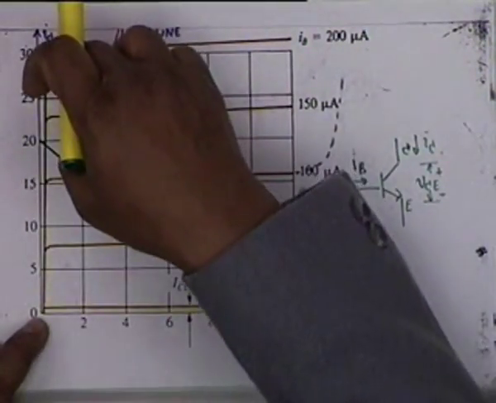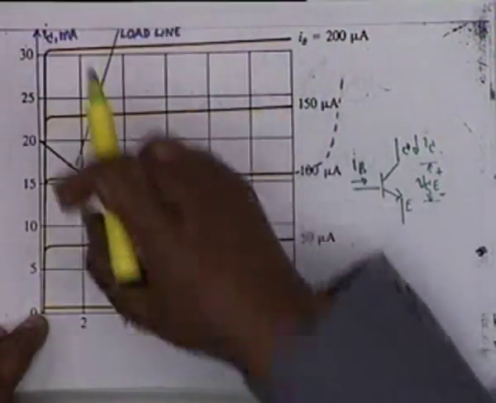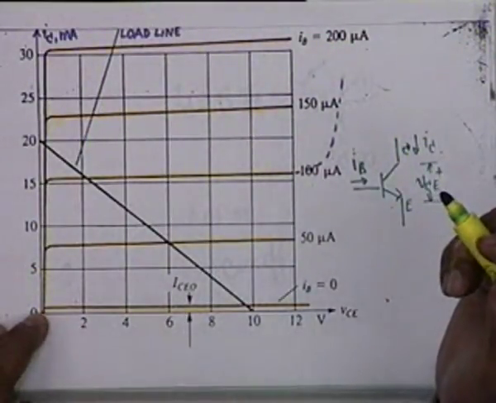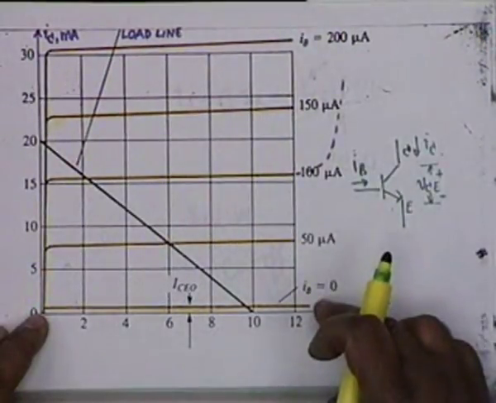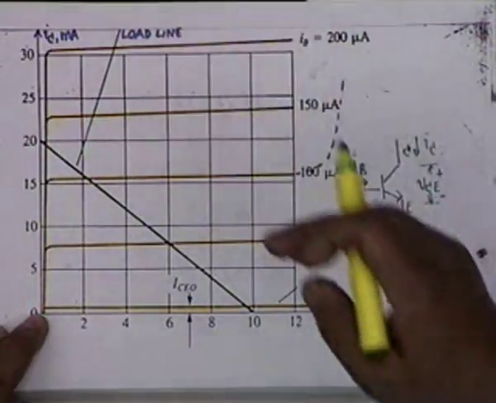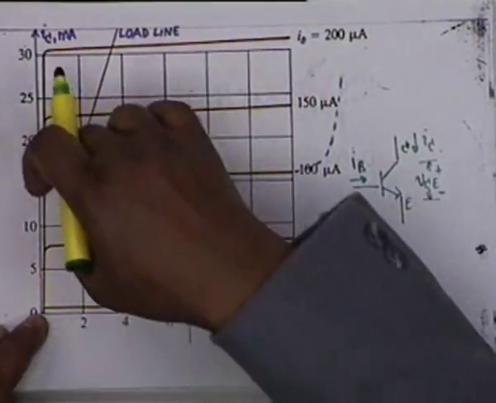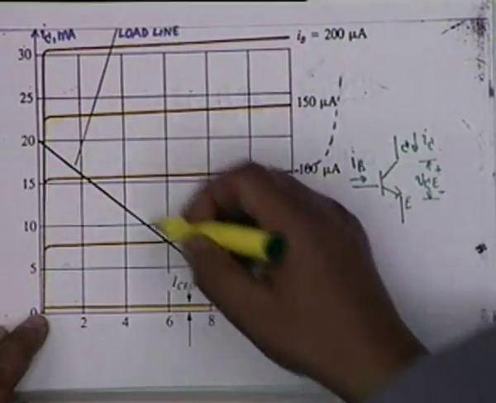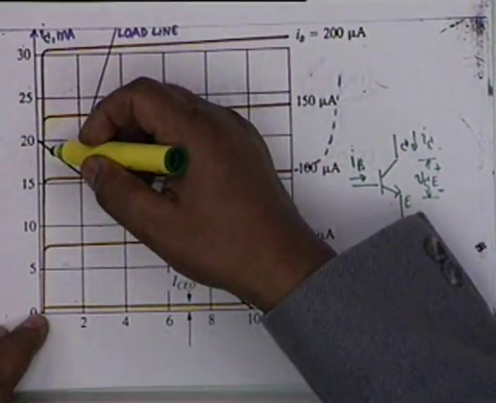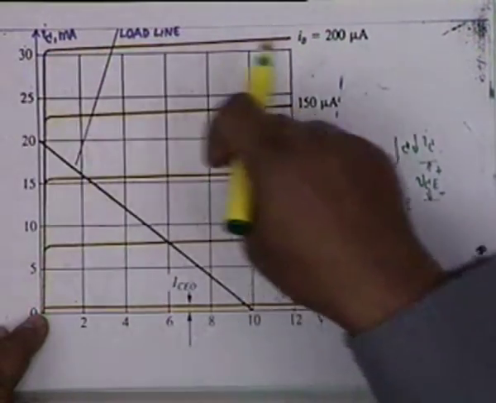This line, which I shall come to in a minute, is called the saturation line, and the breakdown region on the third side. On the fourth side, it is bounded by what load you apply. For example, if the load line is this, then the upper limit is this.